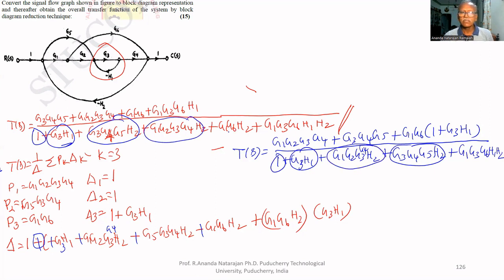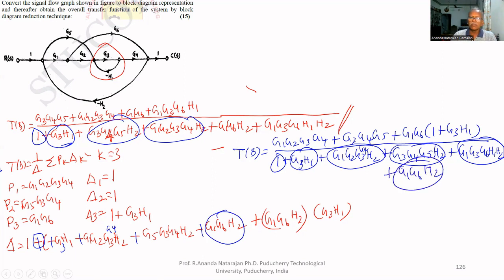Then G1, G6, H2. G1, G3, G6, H1, H2 is also there. G1, G6, H2, I wrote it here but forgot to write it there, that is also there. In both ways, we got the same answer.